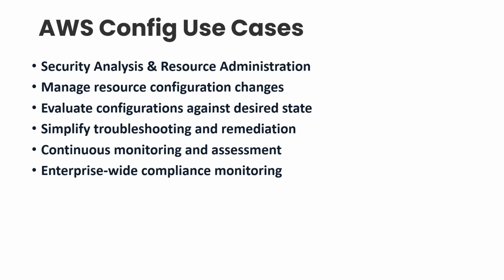So you can record, based on your bill of material, at any point of time, all the resource configuration. In case of any changes, it will send you the notification. It evaluates configurations against your desired state. It also helps troubleshooting and also provides the remediation.